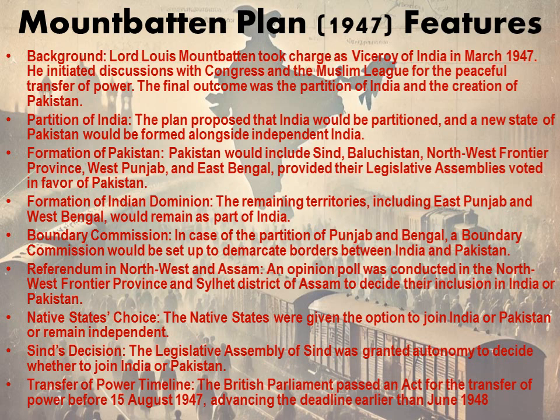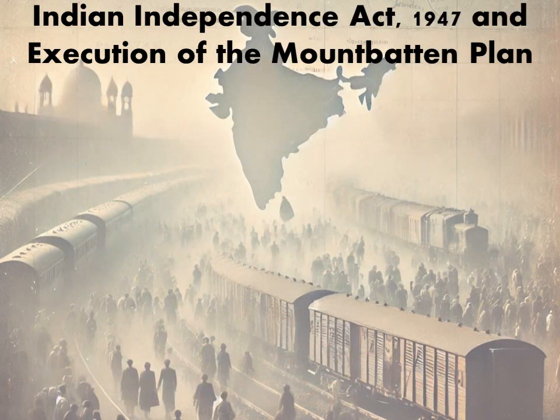Transfer of power timeline: all these things would be completed by the British government, and the transfer of power would happen before 15th August 1947, advancing the deadline earlier than June 1948. Earlier, Clement Attlee had declared that transfer of power should be done by June 1948, but Mountbatten advanced the date to 15th August 1947.